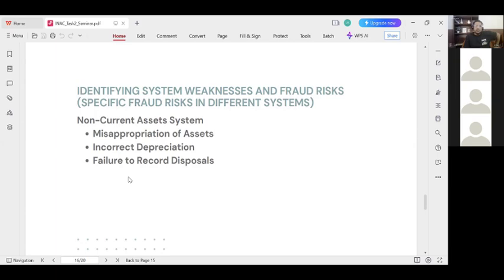So essentially what you're doing is you are overstating your assets, which you cannot do. It's a very big crime in the accountants' world. So you cannot overstate your assets, okay? So you dispose of an asset, but you're still keeping it in your books so that your books look good. So that's another type of fraud which accountants can commit.